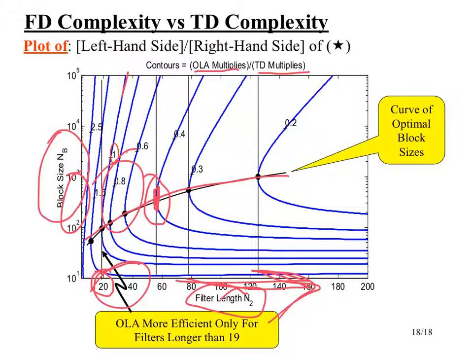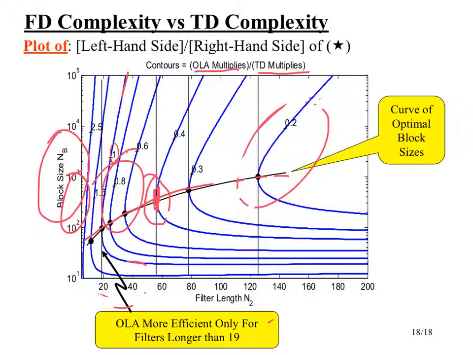We're at a ratio of about 0.8, 0.6. When we're out to filters that are in the 120, 140, we're down to 0.2. That means that the overlap add requires only 20% of the real multiplies that the direct time domain approach would need. So that's some pretty serious savings in complexity, and that really points out the real potential of this algorithm.